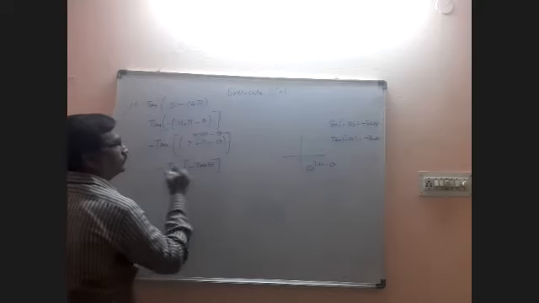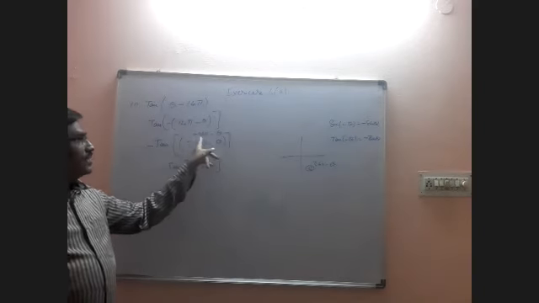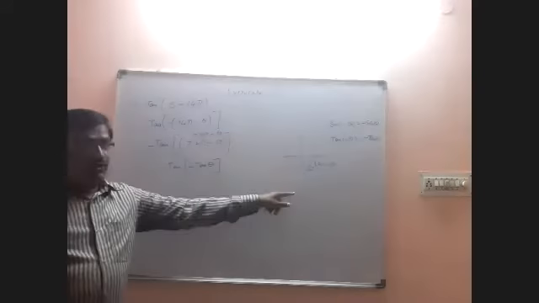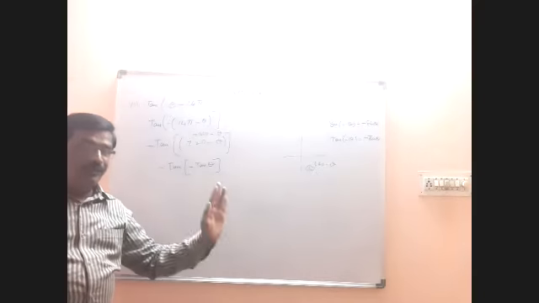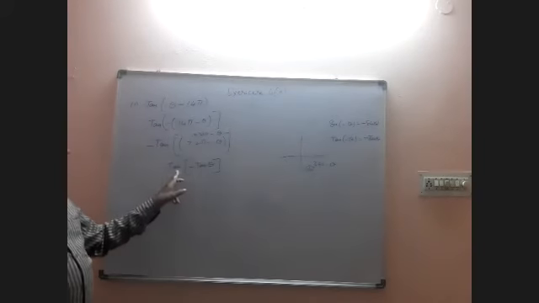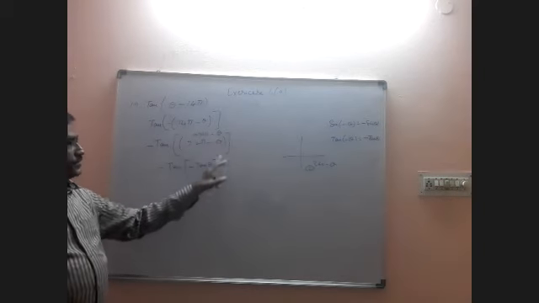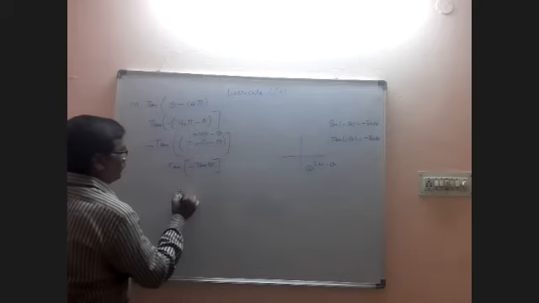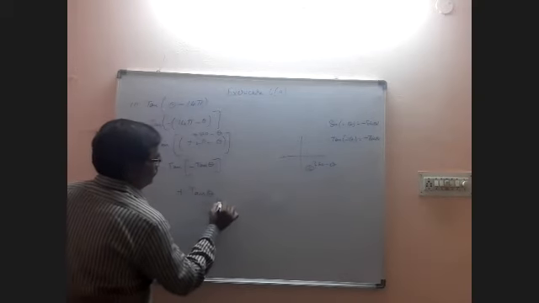Any doubt? No doubt. So this is in the form n into 360 minus theta, in the fourth quadrant, tan is negative. So we get minus into minus, plus tan theta. So this is the answer.